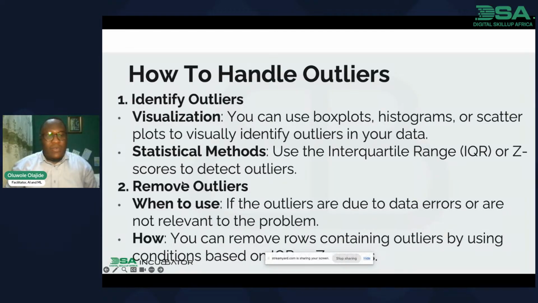If the outliers are due to data errors or are not relevant, then yes, remove them. Like what I was telling us, there are some where you just find out that the row is not okay. When I was doing hemoglobin level classification, we didn't need age, and we didn't need the demography.